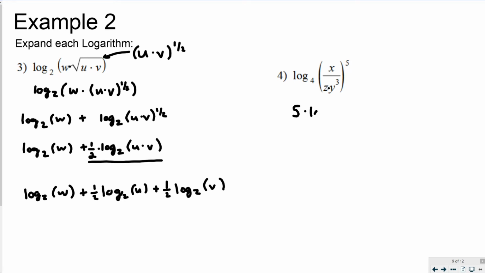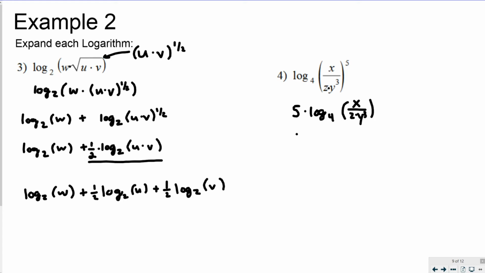times the log base 4 of x over z times y cubed. The next thing we're going to do is break apart the quotients here.